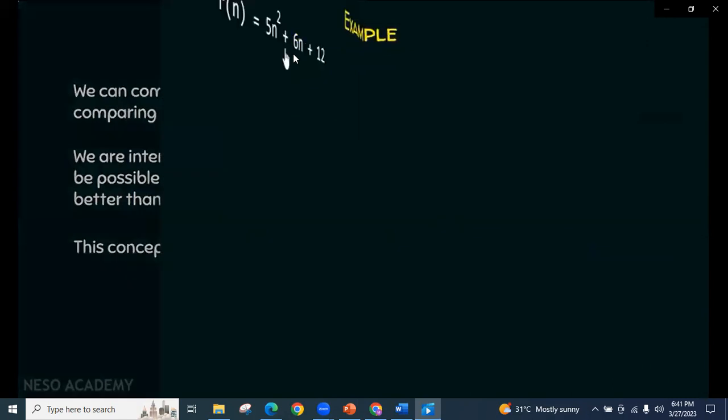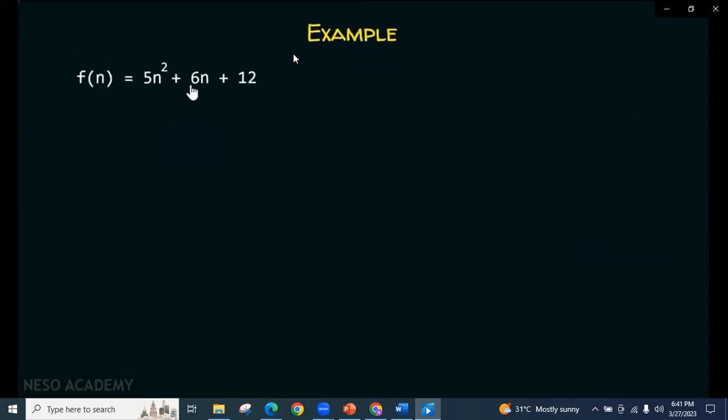Let's consider one example. Let's say we have f(n) equal to 5n² + 6n + 12. This represents time or number of instructions executed, which depends on the input value n, of course. Let's say initially we take n equal to 1.